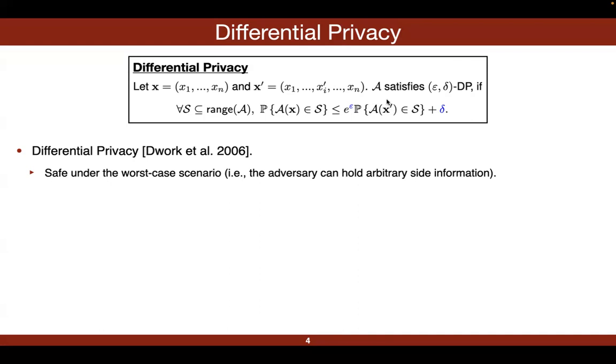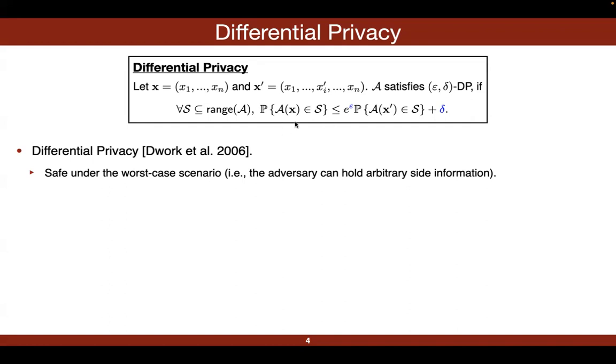It's defined with respect to a randomized algorithm A, which takes a data set X as input and outputs something. Differential privacy basically requires that if we replace one entry of X, the distribution of the output of A will remain roughly indistinguishable.